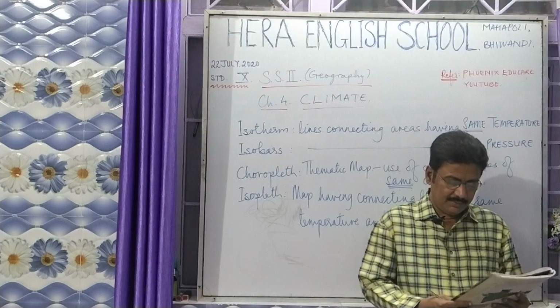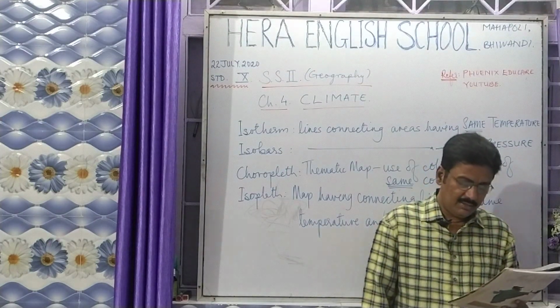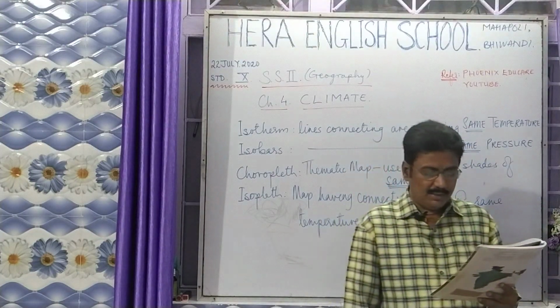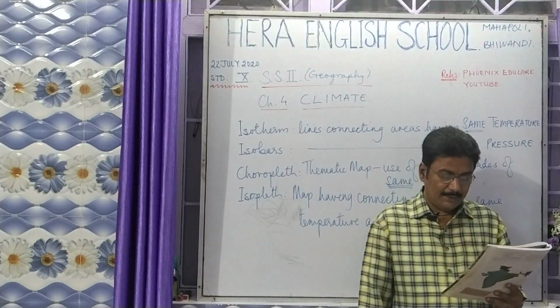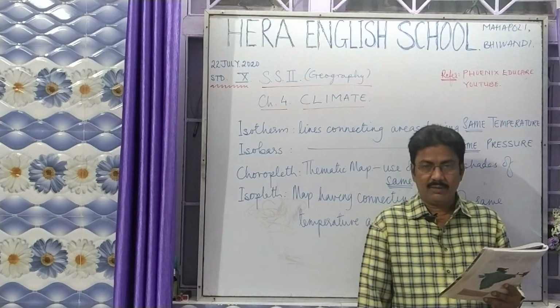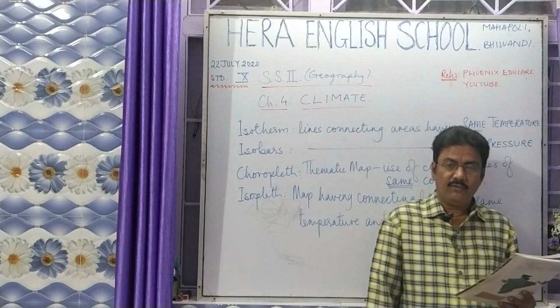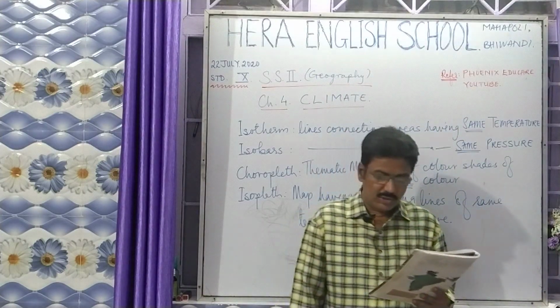Question number 11. Considering the latitudinal extent of Brazil, where will you find temperate climate in Brazil? First, the Tropic of Capricorn is the temperate climate region.